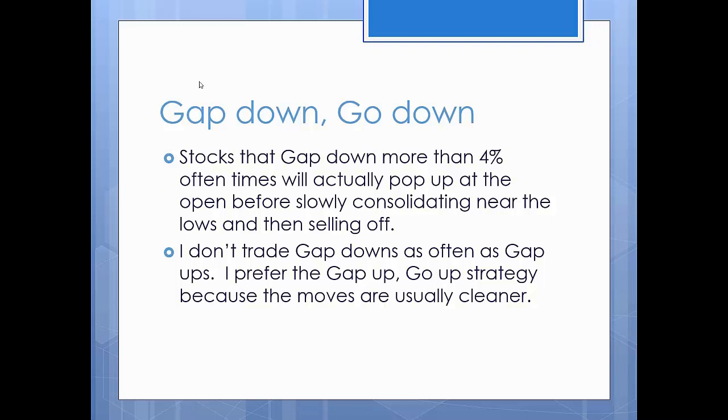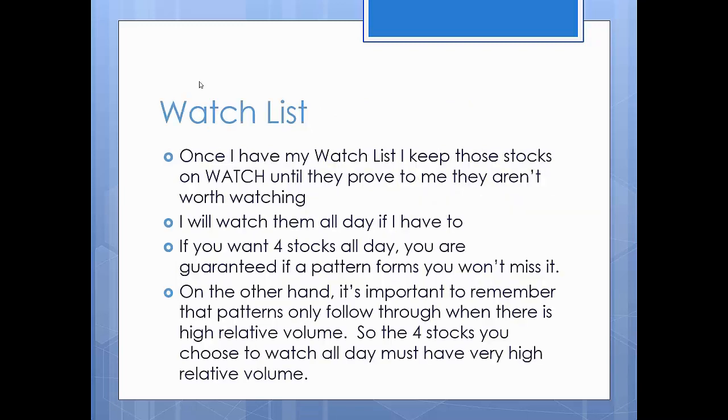So, gapping down, obviously there's a sign of weakness there. There's a reason it gapped down. So I usually am going to try to avoid taking that kind of trade. I would take a trade like that if there was nothing else that looked good, and I would still go with smaller size. There's a potential there, but it's not my favorite.